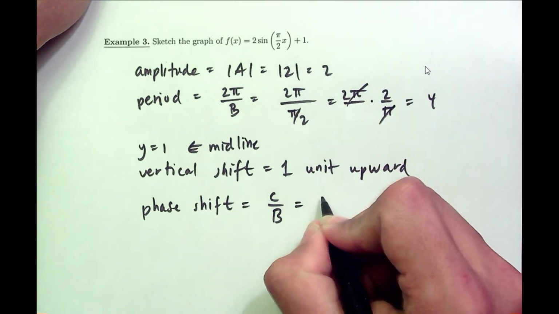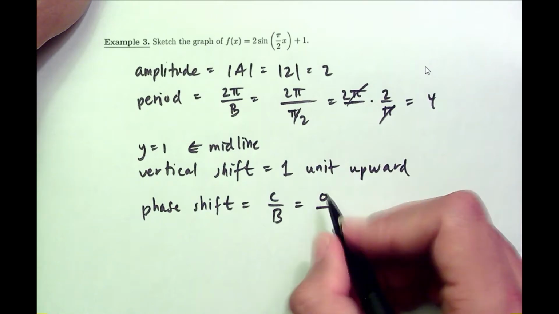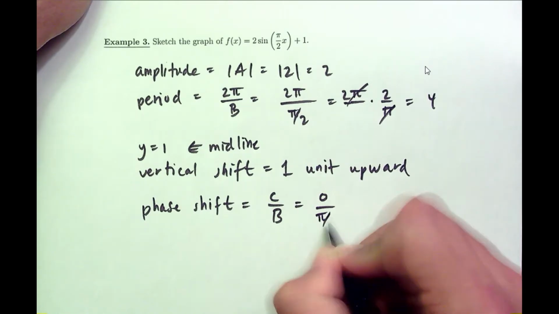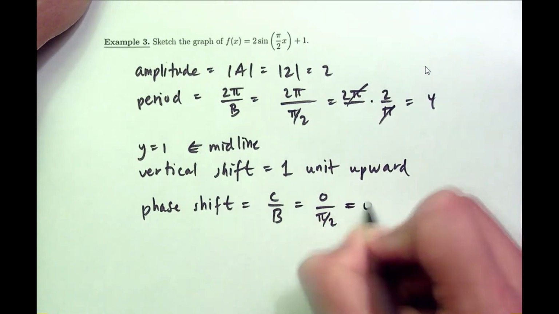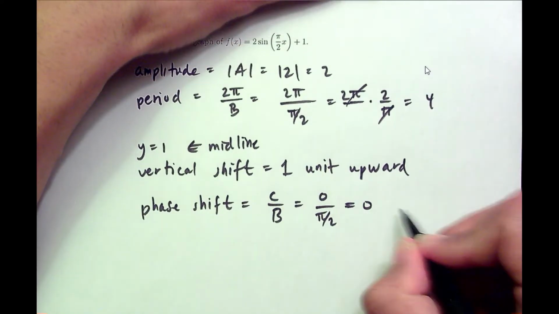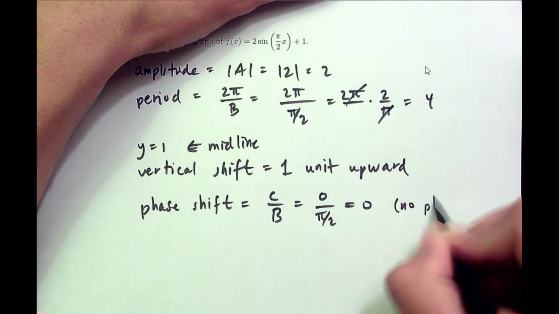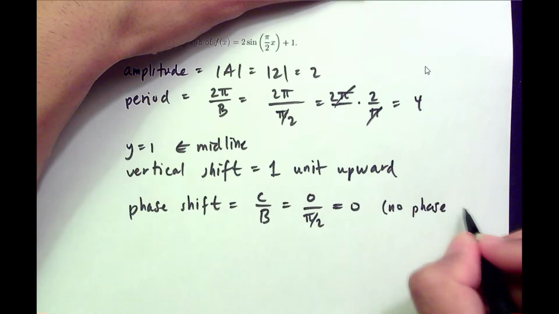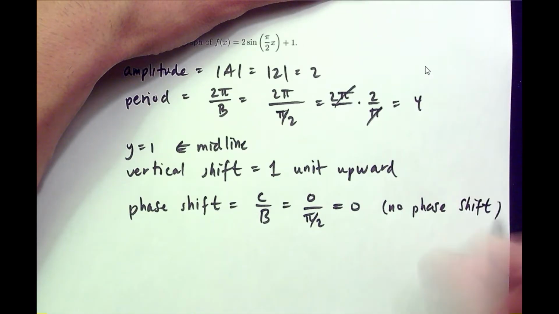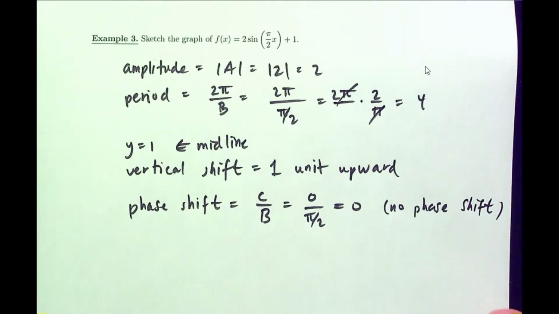There's no c. So this is going to be 0 over pi over 2, which is 0. That means there is no phase shift. So the graph does not really move horizontally, left or right.